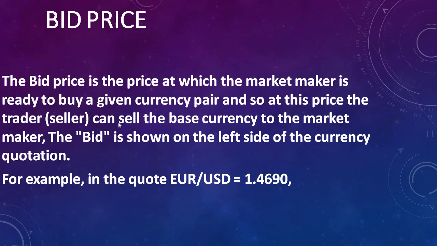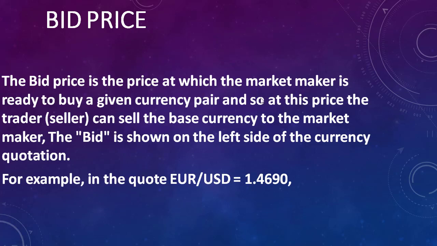You don't have a choice to fix the price. They already have a fixed price for which they want to exchange your rand to dollars. This price is called the bid price, because that is the price at which the market maker, which is the banker, is ready to buy that given currency, that is the rand.